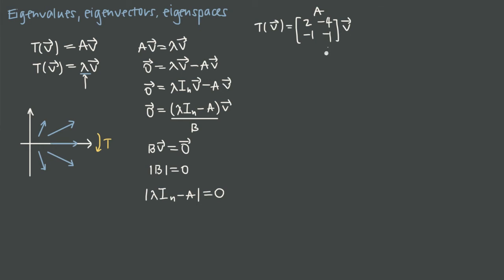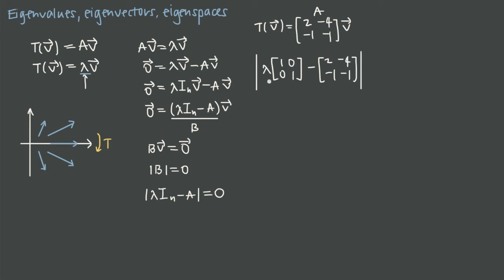So the first thing we need to do is find this value down here, the determinant of this matrix. Well, to find the determinant of this matrix, we'll multiply lambda by the 2 by 2 identity matrix. We'll use the 2 by 2 because A is a 2 by 2 matrix, and then we're subtracting A. So lambda times the identity matrix minus A, 2, -4, -1, -1.